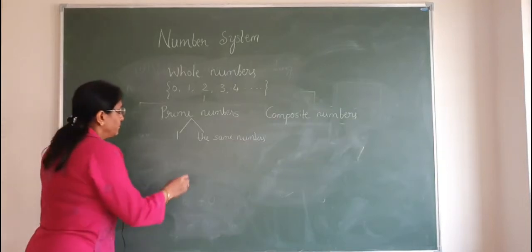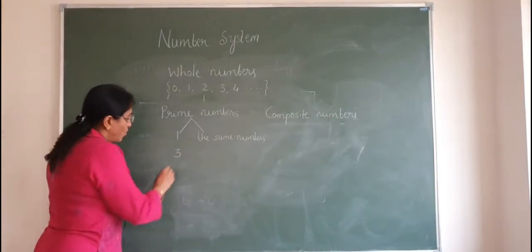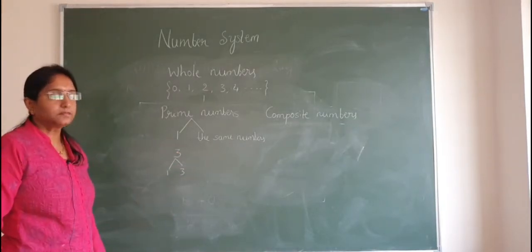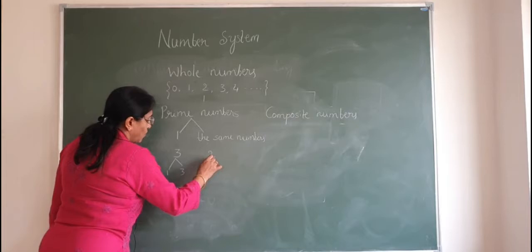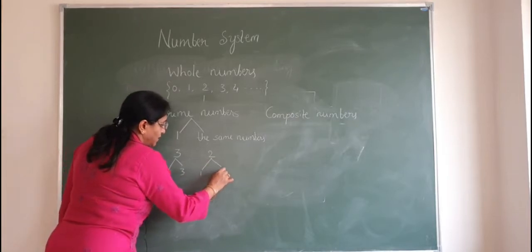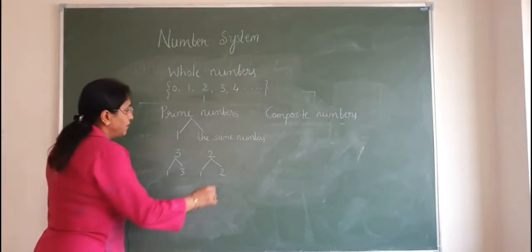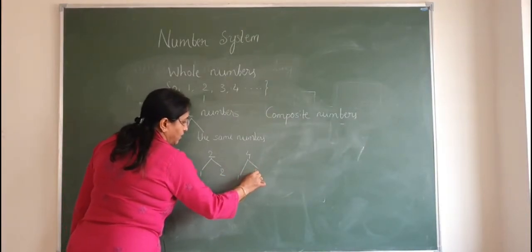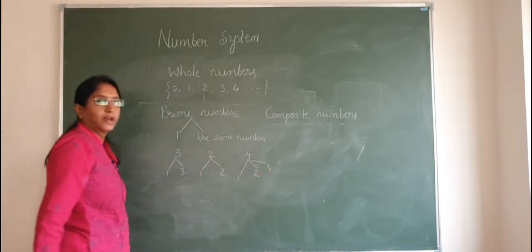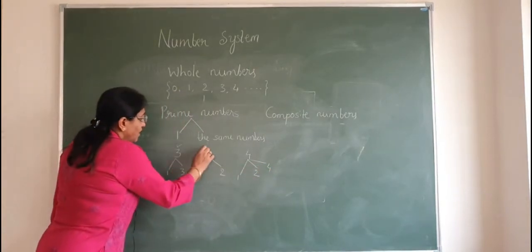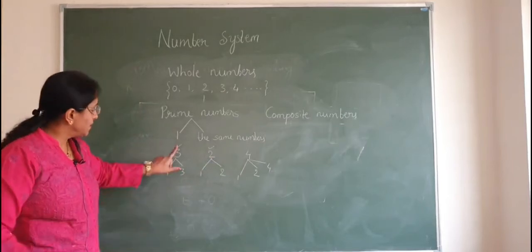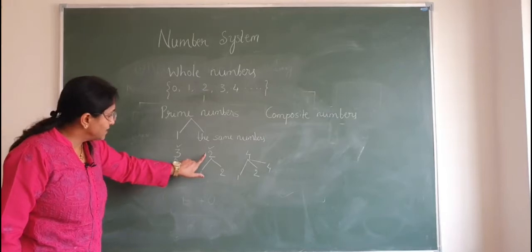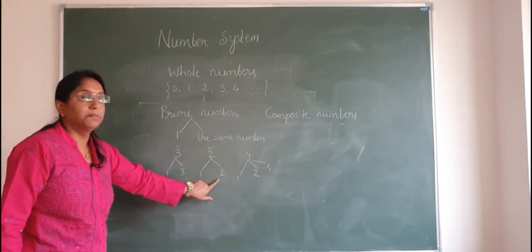For example, if I take 3, what are the factors of 3? 1 and the number itself. If I take 2, what are the factors of 2? 1 and 2. If I take 4, what are the factors of 4? 1, 2, and 4. So here these two are prime numbers because they are divisible by 1 and the same number itself.